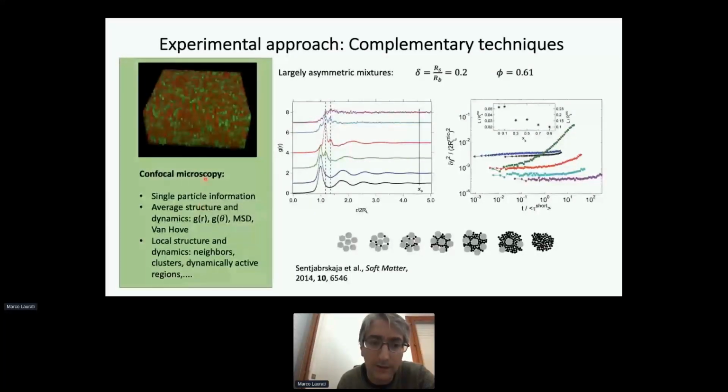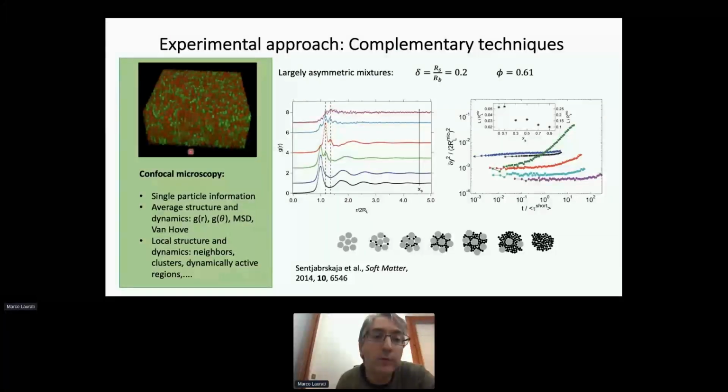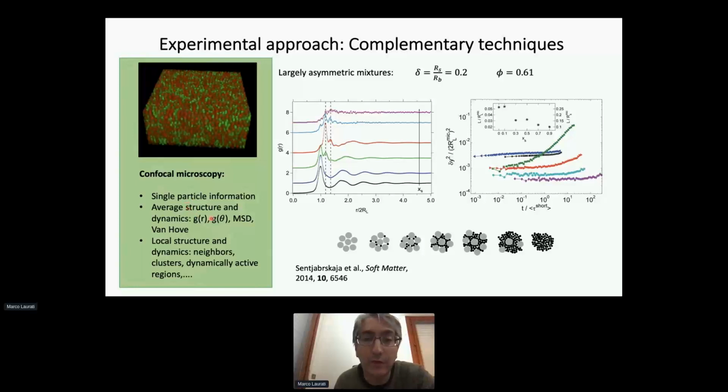The very good thing of confocal microscopy is that you can image volumes of the system, and using particle tracking, you can obtain coordinates, and from these you can calculate statistical functions which describe the structure and dynamics of the system, because you can also take time series of these volumes to follow the dynamics.